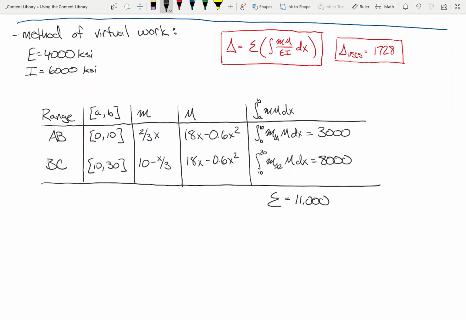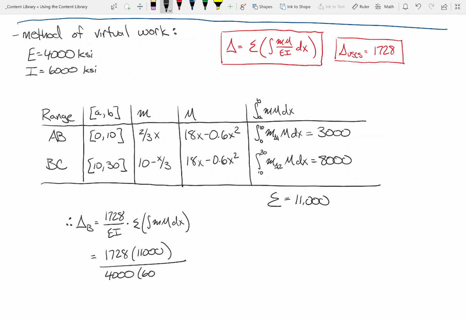So the deflection at B is just going to be the following. It's going to be 1728 over EI times the sum of my integrals, which is going to be 1728 times 11,000 over 4,000 times 6,000.